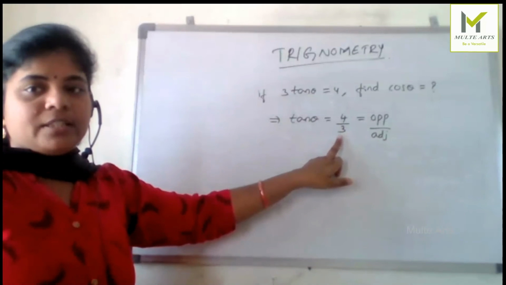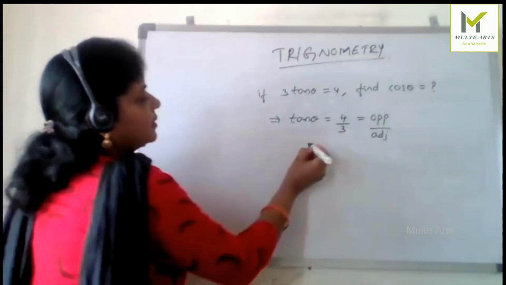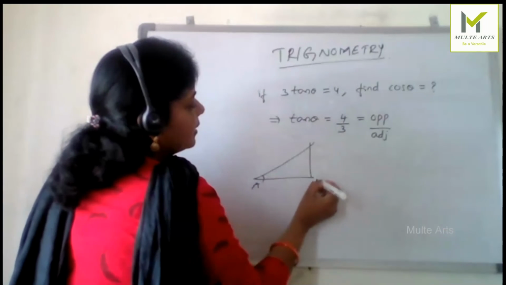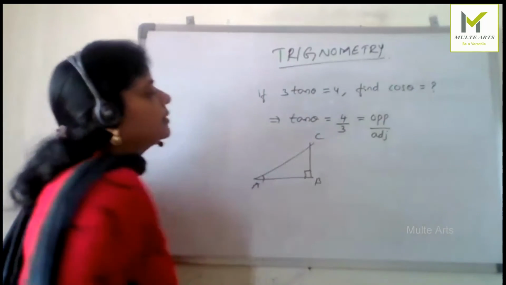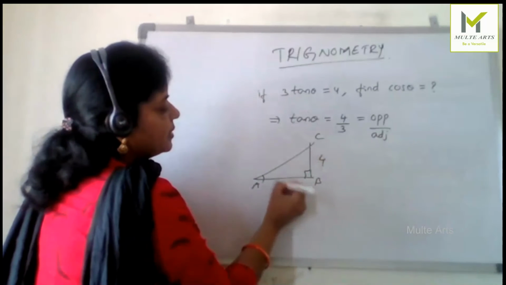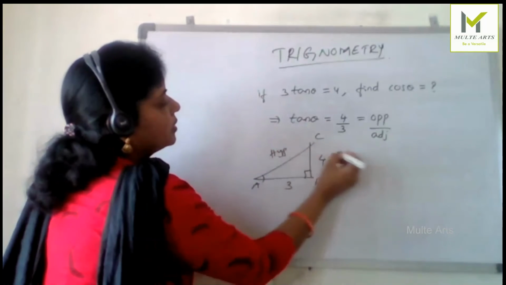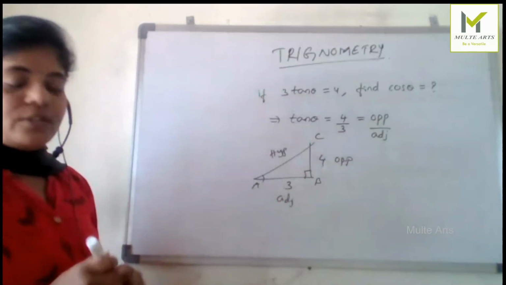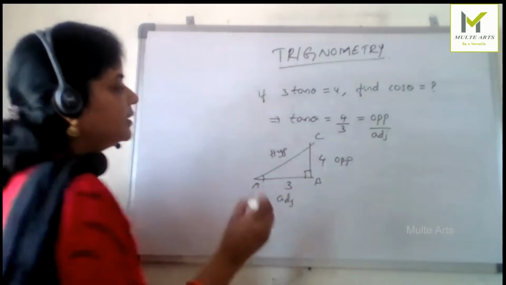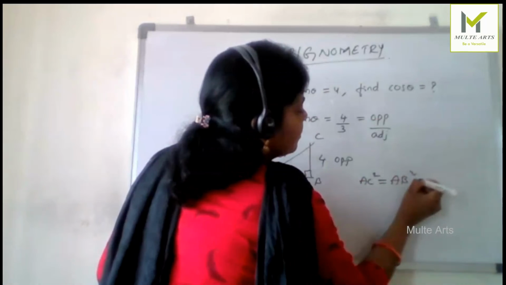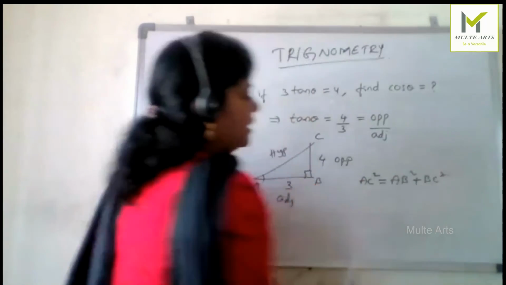So easily we can find the hypotenuse. Suppose that this is right angle triangle ABC. We know opposite and adjacent, that is, this is 4 and this is 3. Now we can find the hypotenuse. Again we use the Pythagoras theorem, that is AC square equals AB square plus BC square.